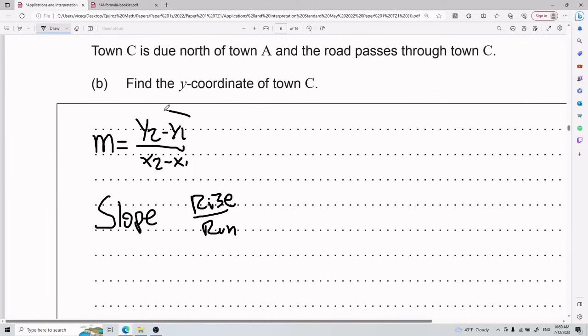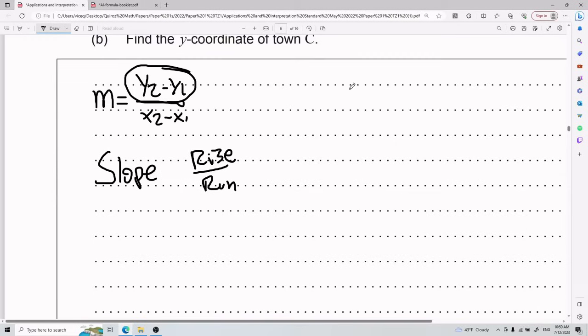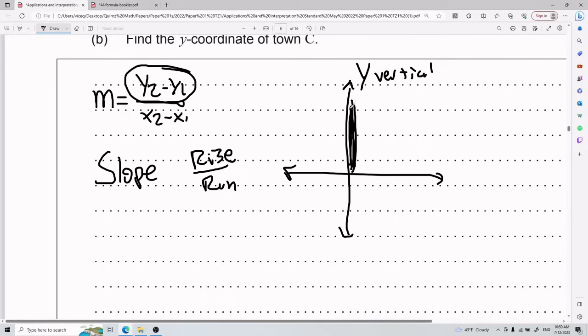This y, if we think of an axis, ¿cierto? This y is up here. And y is for vertical. See? Y is my vertical line. And so it makes sense that anything rising has to do with my y values. See? So that is why my y values are on top.